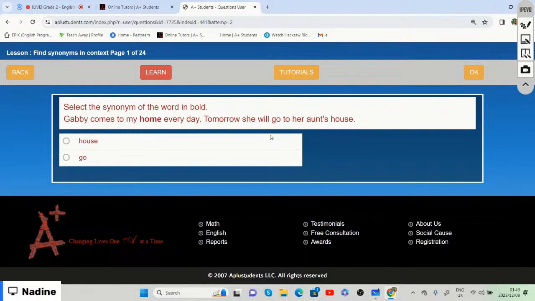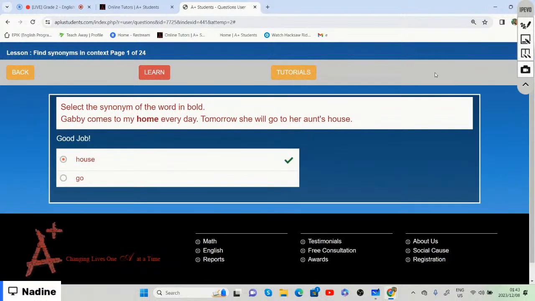Is it house or go? If we select the synonym of the word in bold, we are going to say it is house. So, well done. House is correct.